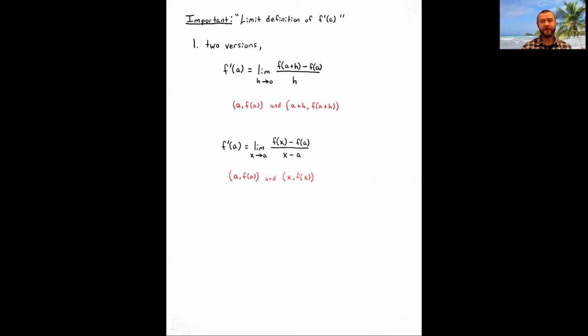We evaluate a limit as the second x coordinate, x, approaches the first x coordinate, a. And that makes the second point get closer to the first. Same ideas and concepts, just alternate notation. Believe it or not, notation is one of the biggest things that tends to confuse students in the calculus sequence. All right, so these two definitions are equivalent.